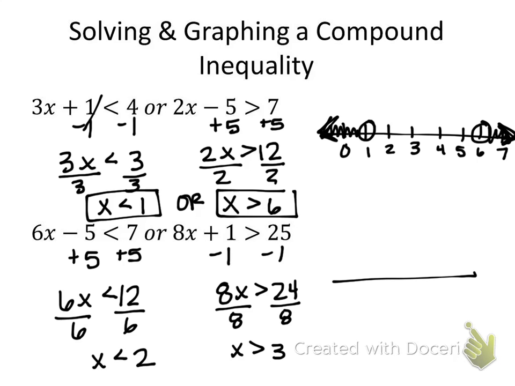So let's do our number line. 1, 2, 3, 4. Okay, x is less than 2, so no, it's an open circle. And I'm going to shade every number less than, and x is greater than 3. Open circle and shade every number that's greater than 3. Okay, so that's how we graph our compound inequalities.